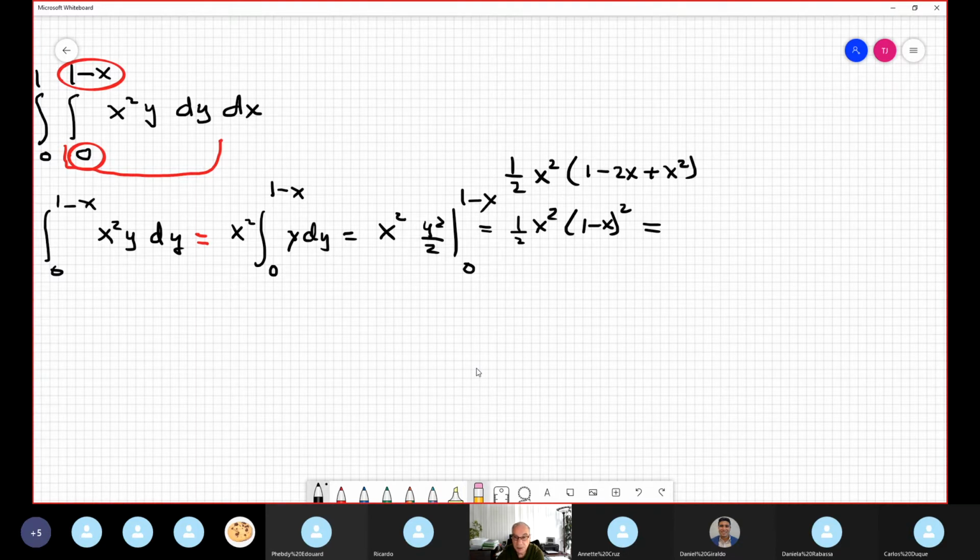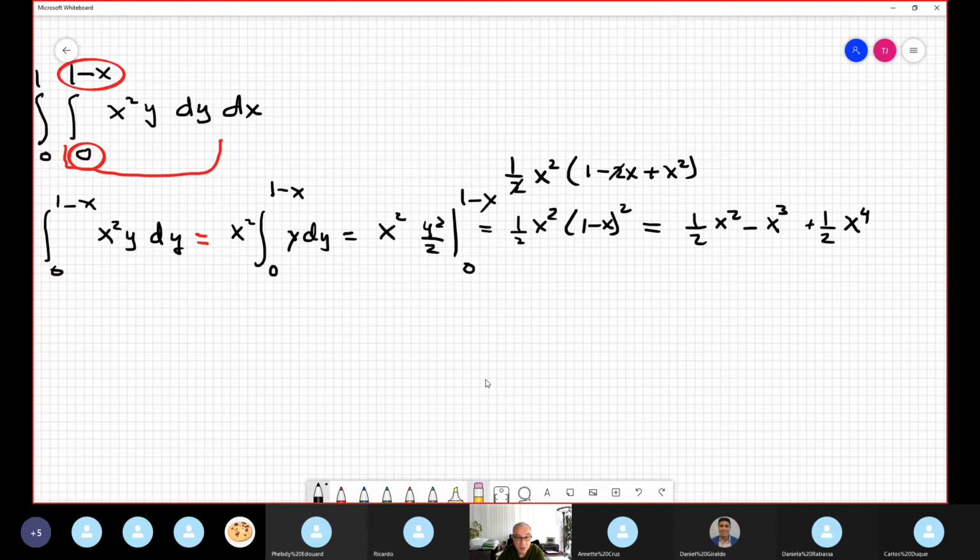And when you multiply, we have 1/2 x squared minus x cubed, because 2 and 1/2 cancel out, minus x squared, and finally 1/2 x to the 4th power. Something like that. Okay, now I did the first part.